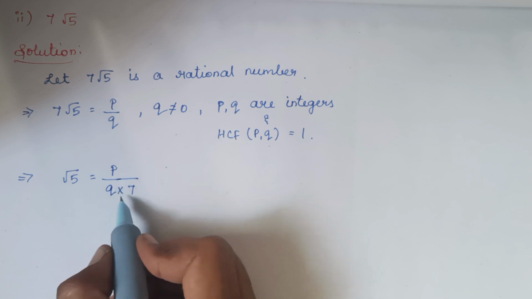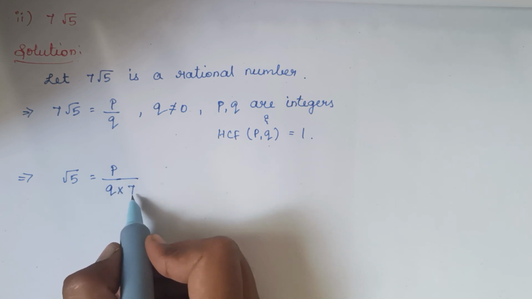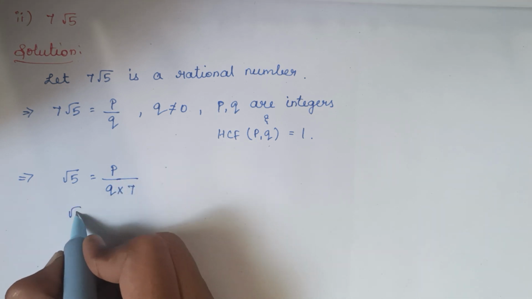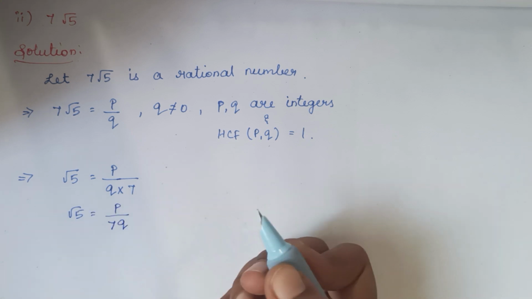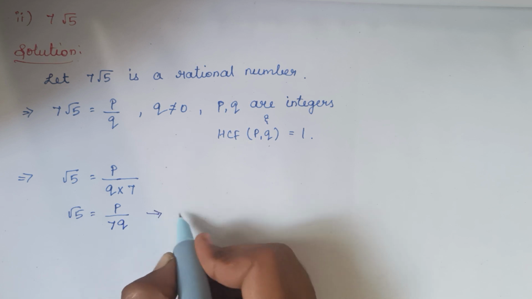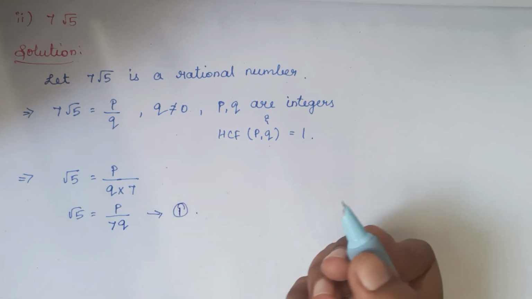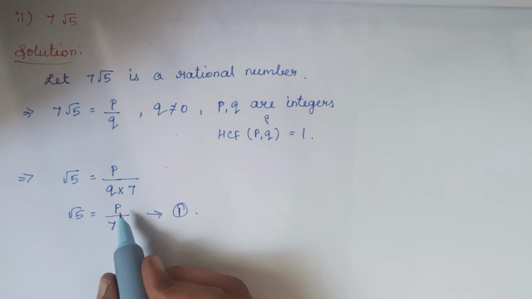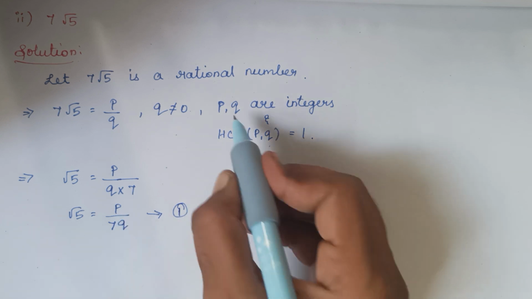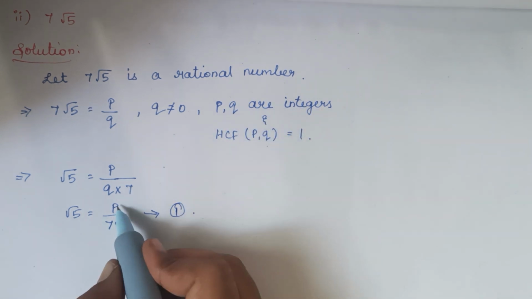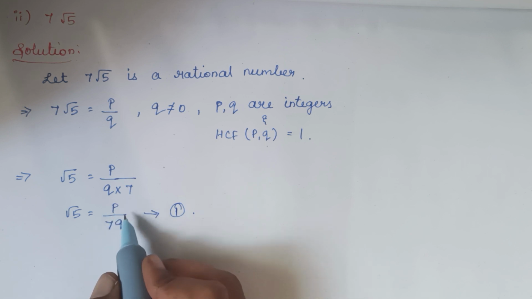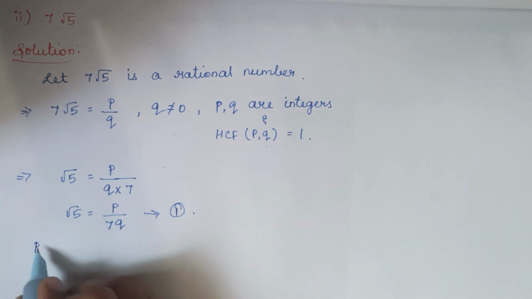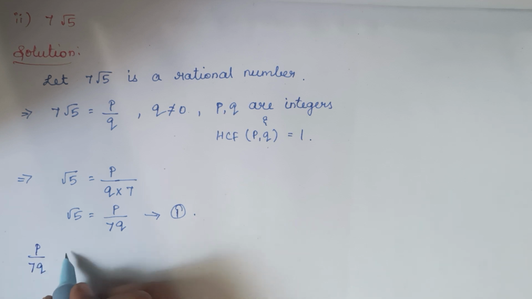So we can write root 5 is equal to P by 7Q. Now we will consider this equation as 1. Already we know that P and Q are integers, so the total term will be an integer. So P by 7Q is a rational number.